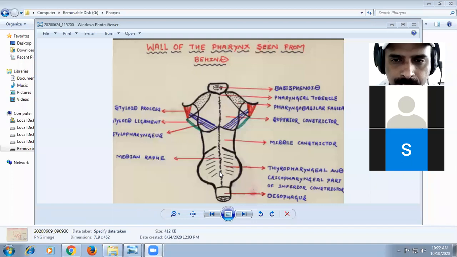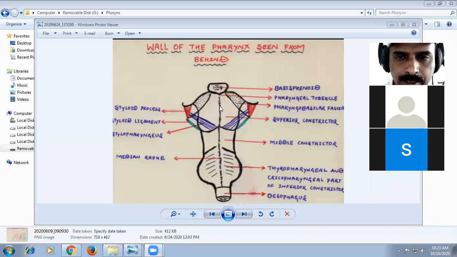So in the first preliminary remarks, I told you the muscles of the pharynx are called the superior, middle, and inferior constrictor muscles, and they are arranged so that the inferior overlaps the middle, and the middle overlaps the superior. The origin is anterior to the posterior opening of the nose, mouth, and larynx.